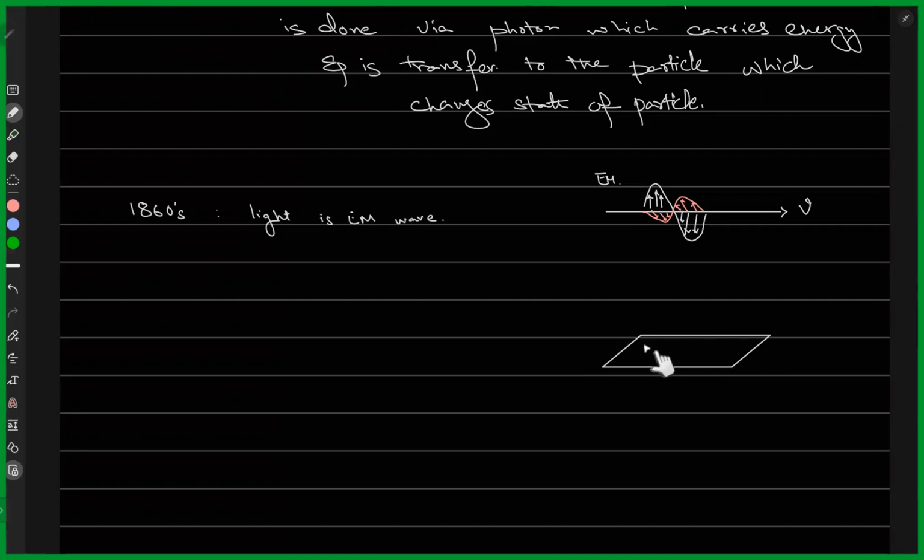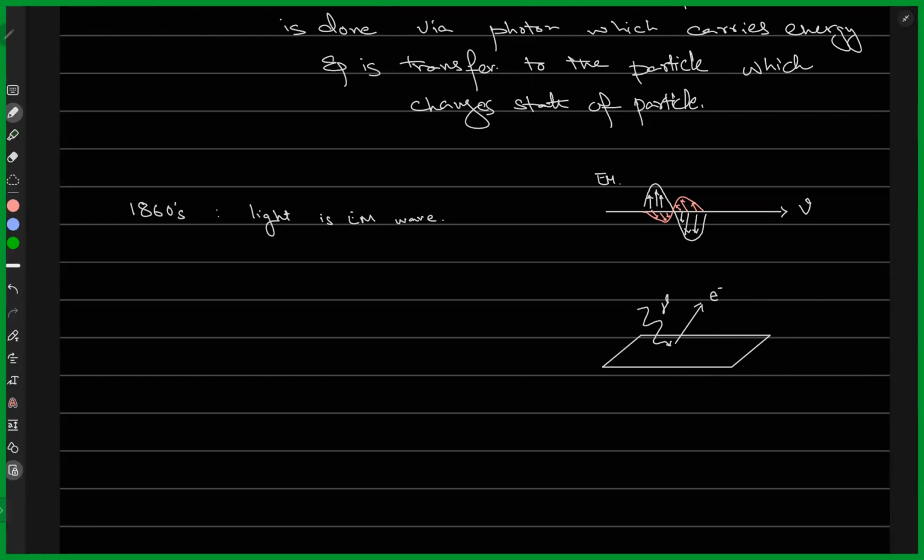What happens is, if I shine a light on it, given that it has enough energy, it is capable of spitting out an electron from this surface.